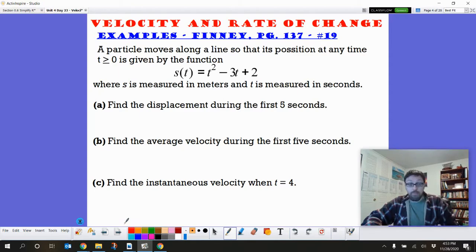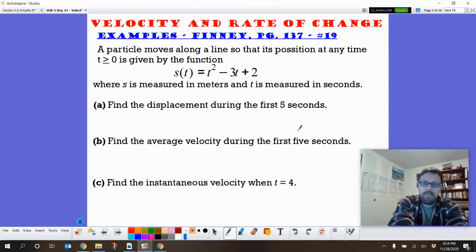So let's do one of those. We've got this particle moving along. We want to find the displacement during the first 5 seconds. That's really just saying, 5 seconds later, where is it? All that is asking us to do is evaluate the function at 5 seconds, so we just need to find s of 5.